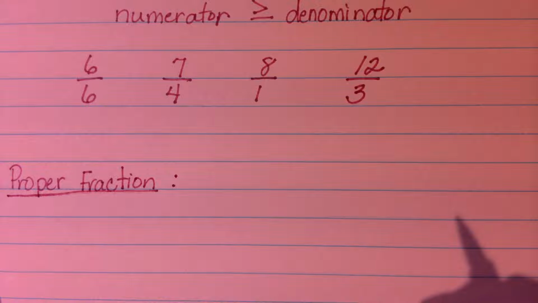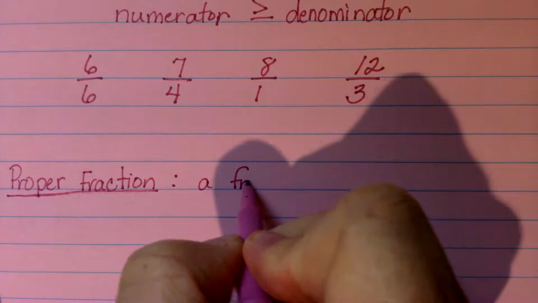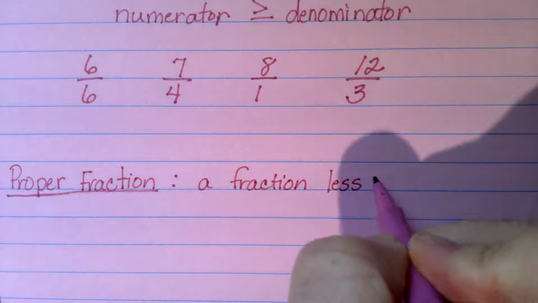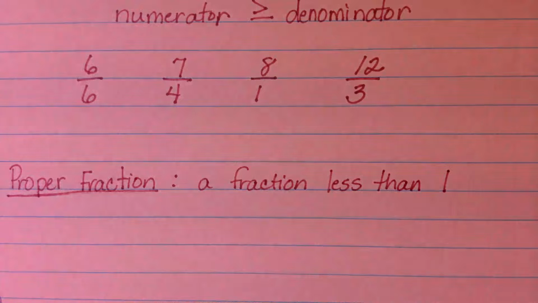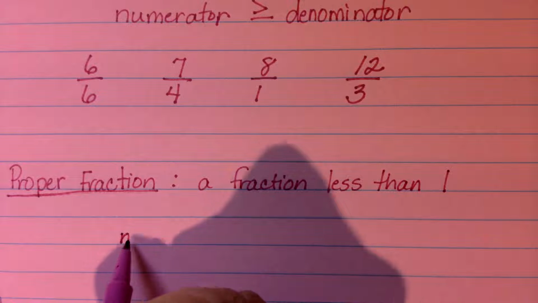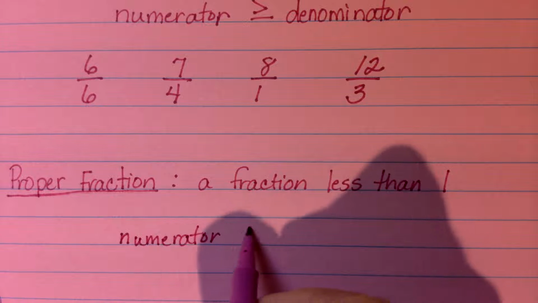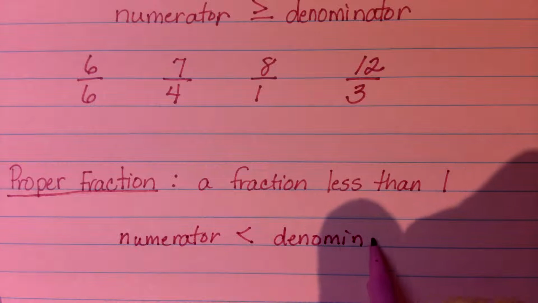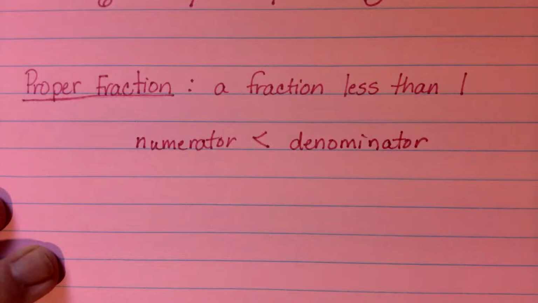A proper fraction is a fraction less than 1 whole, and the numerator is less than the denominator.